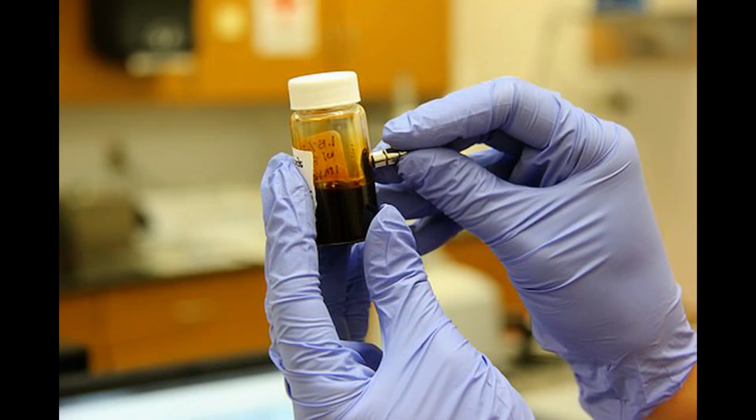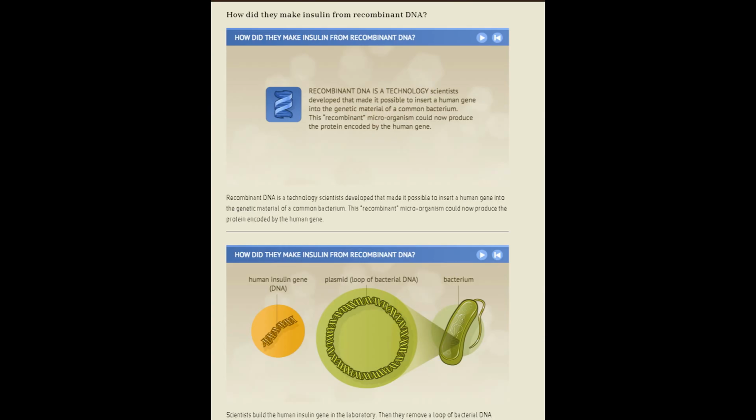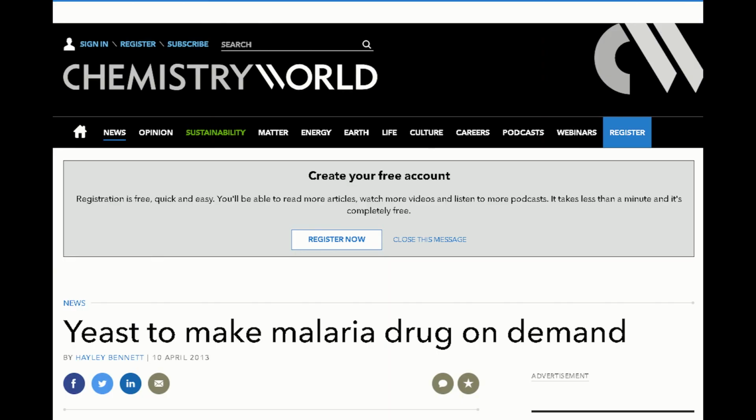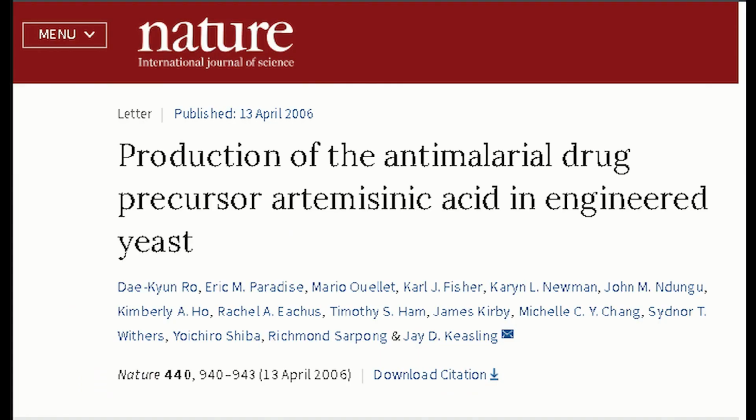Since it has to be semi-synthesized, it creates an opportunity for alternative production techniques. In the case of insulin, this was done in bacteria, and Artemisinin is now being produced in yeast, using a similar production method. Using baker's yeast, a precursor molecule called artemisinic acid can be produced.